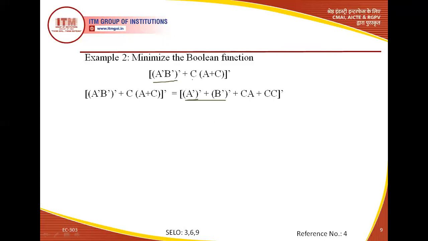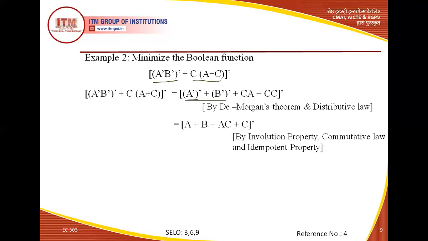Okay. And in this function, we apply the distributive property. So C into A is CA, C into C is CC. So by using De Morgan theorem and distributive property, the given function can be written as (A')' + (B')' + CA + CC.